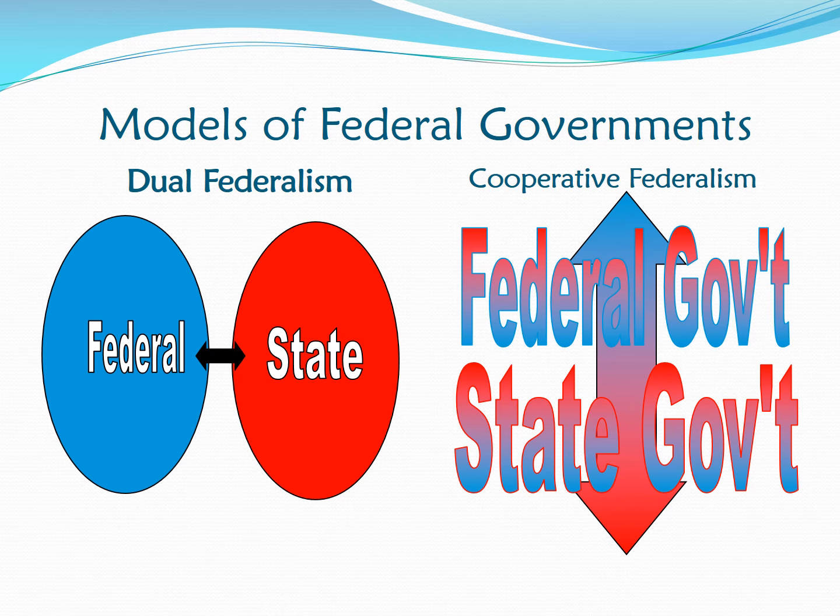But the states maintained some very important powers, and the federal government stayed in its lane as well. To some extent, there was a respecting of each other's lanes, and you didn't see much intermixing.